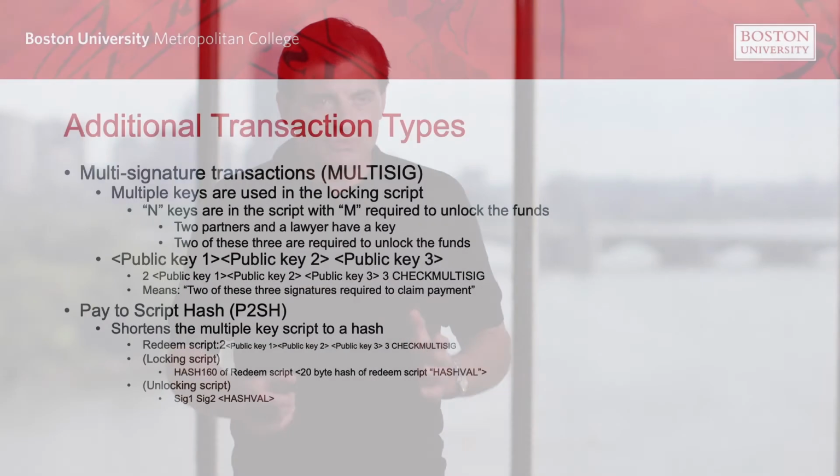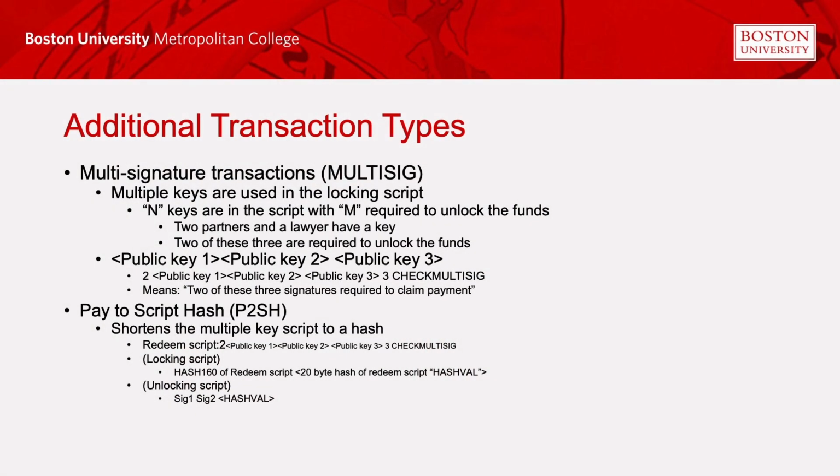So now that we've seen how a pay-to-public-key-hash with one signature verifies a transaction, there are a couple other types worth mentioning. There's a multi-signature transaction, which involves multiple public keys. The example would be if one had a business partner and a lawyer they wanted to include in a transaction, so 2 of those 3 had to sign the transaction, they would supply 3 public keys for that.